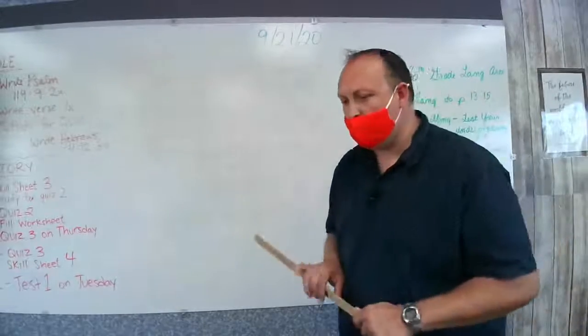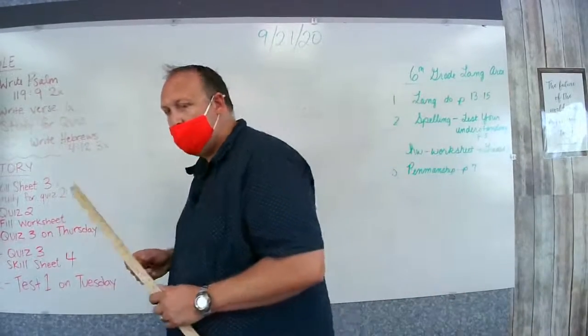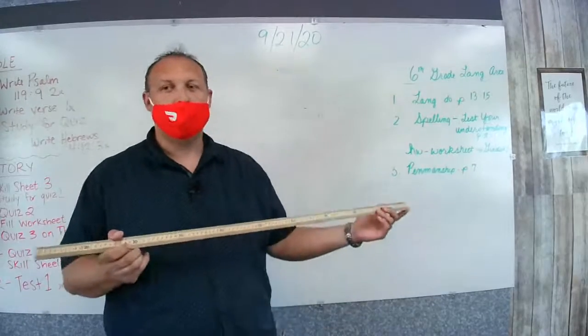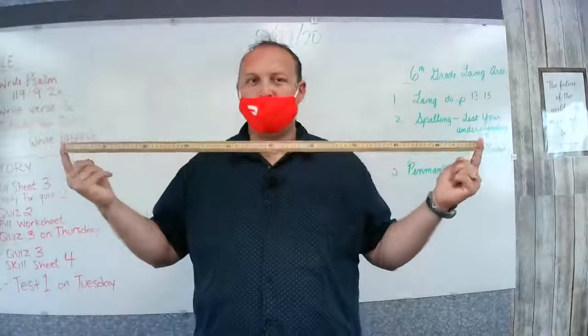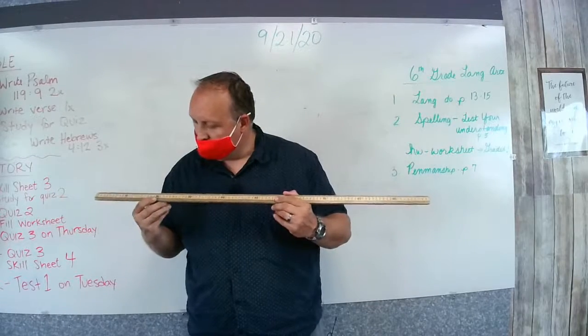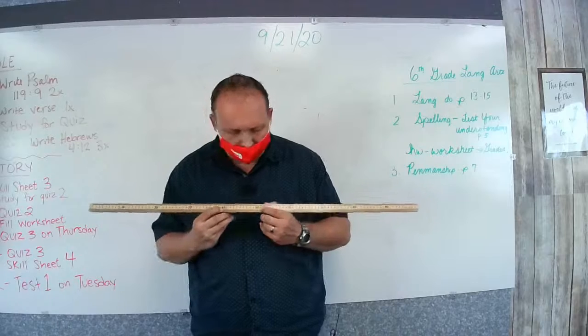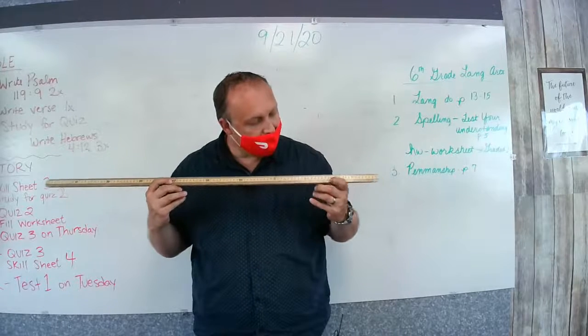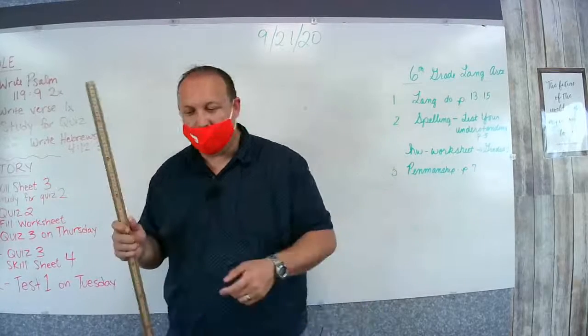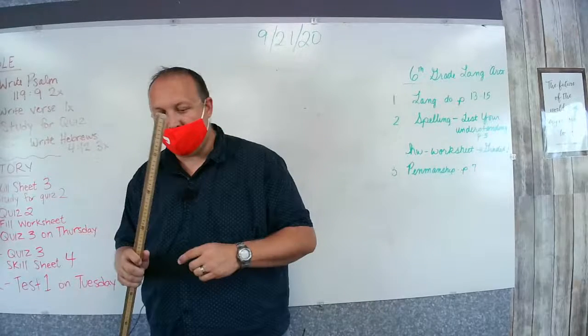How many decimeters to equal 1 meter? 10. Remember, this is a meter stick, right? So we have 1, 2, 3, 4, 5, 6, 7, 8, 9, and 10. Okay, so 10 decimeters equal 1 meter.